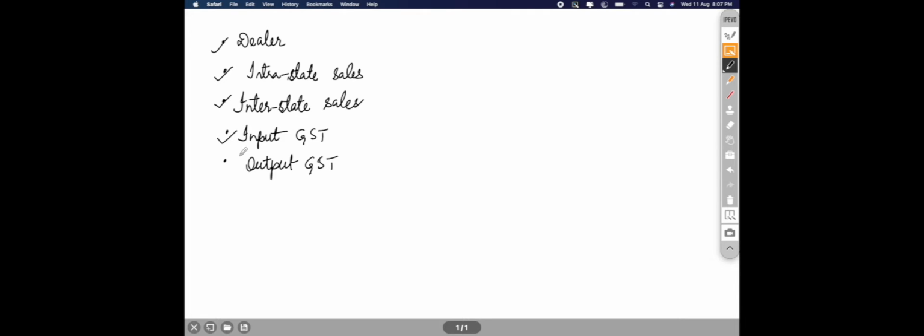Input GST means the tax which is paid by the dealer on purchase of goods, and output GST is the tax received by the dealer for selling the goods.